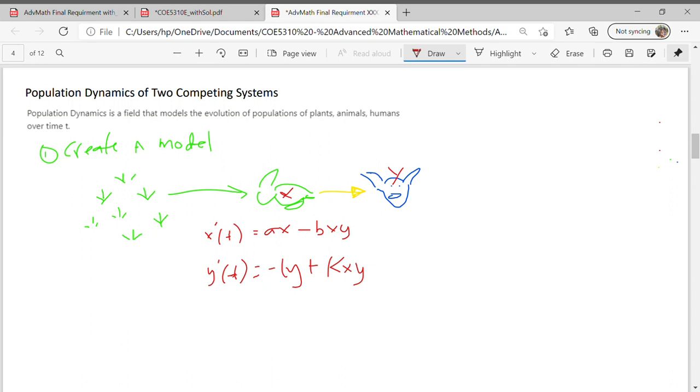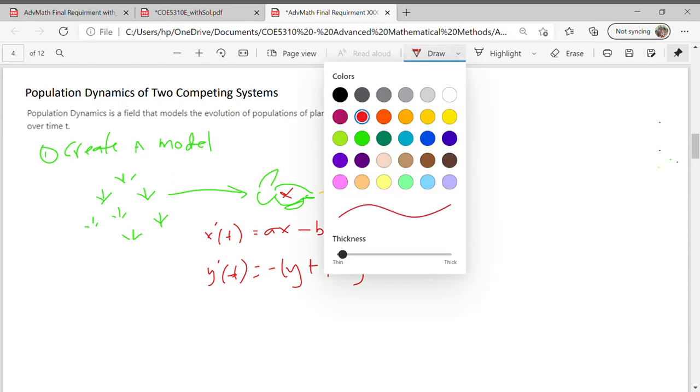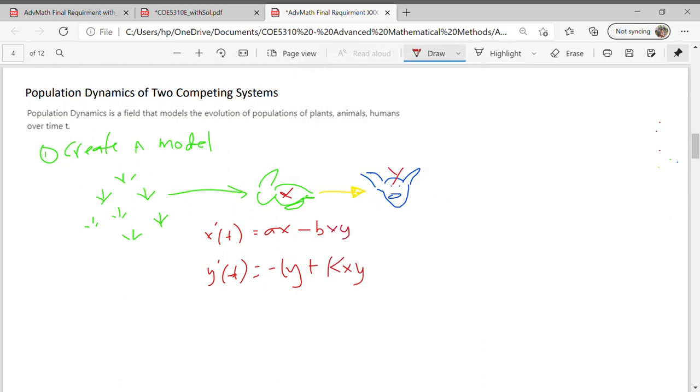So now, how can we determine the stability of this environment? Since we have these two functions and we cannot put them directly in matrix form, we have to linearize them.